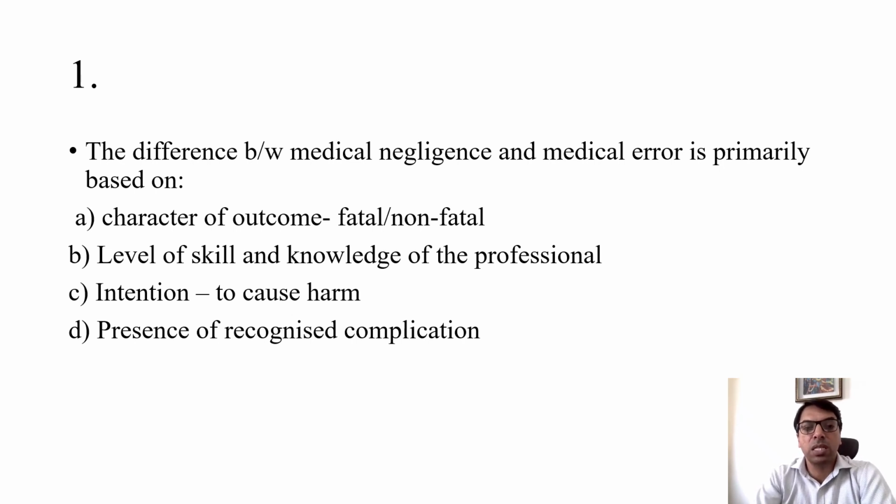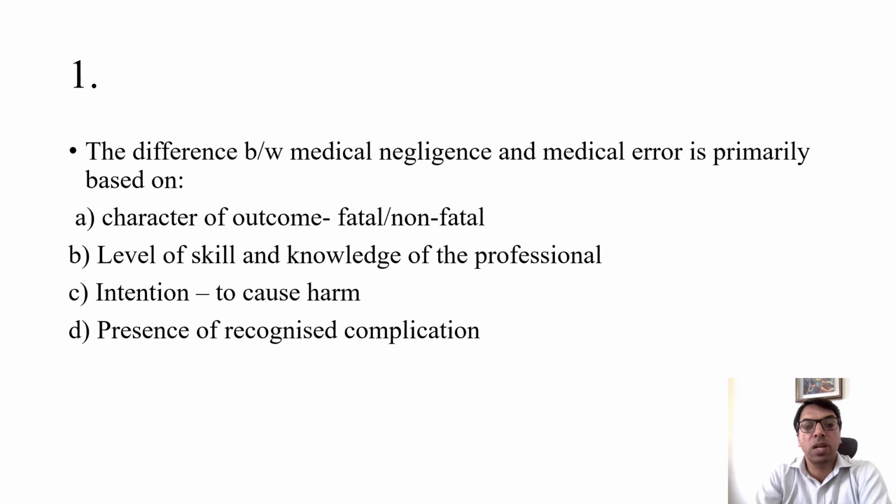In such a case, it may not be fatal, but it is negligence. And option C says intention to cause harm. Any doctor who has any intention while treating his patient to cause harm to the patient, it is criminal negligence, and the punishment is different for that. It will be tried in criminal court, whereas medical negligence is tried in civil court. And the last option says presence of recognized complication. A complication is always associated with the procedure or with the disease.